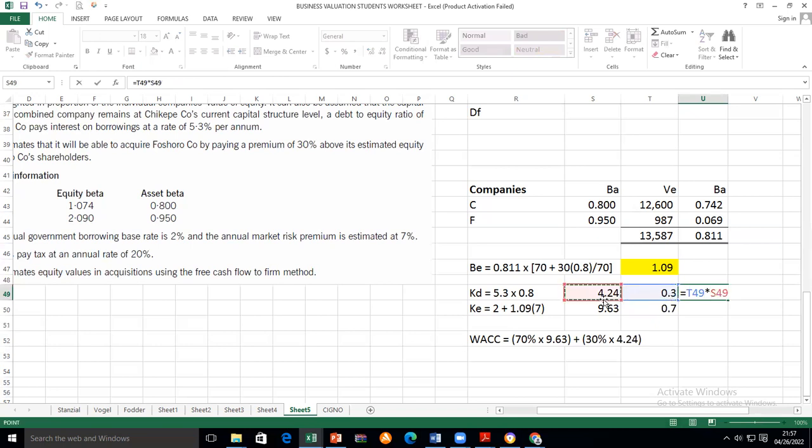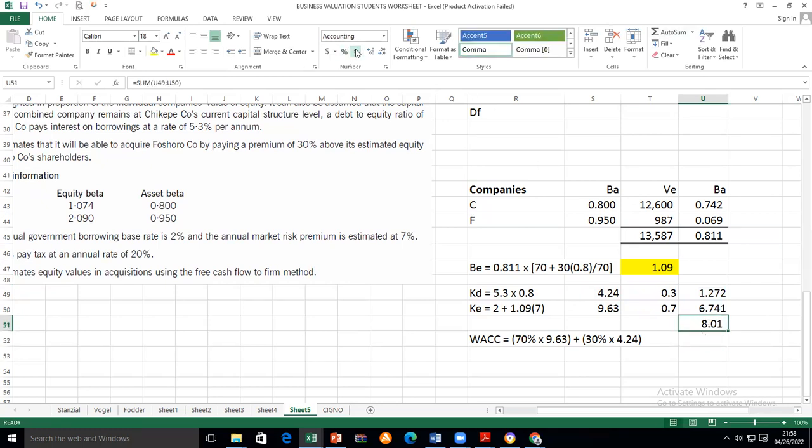We can also get it from here. So this is the weighted average cost of capital that we are looking for. 8.01 or 8%.